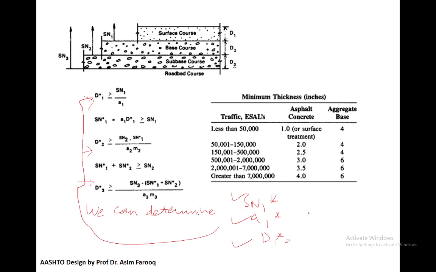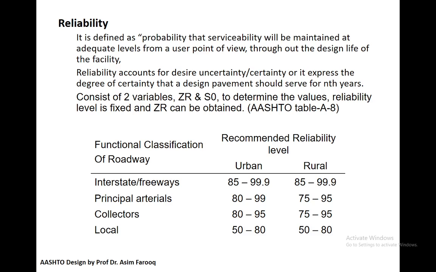And then we can also determine the depth of each and every layer from the structural number formula. As you can see here, if we would like to determine D1, or the coefficient of the thickness, we can determine it from that specific equation.